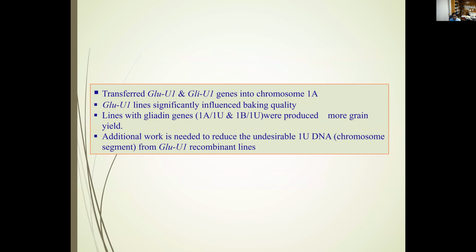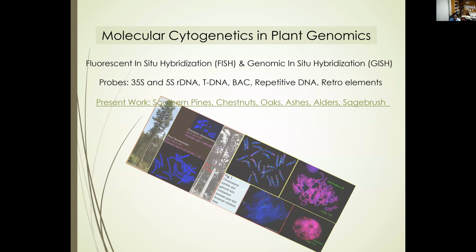Some lines with the gliadin gene on 1U or 1A or 1B will produce more grain yield. Additional work is needed to reduce that 1U segment to be as small as possible for the glutenin gene of the alien chromosome.